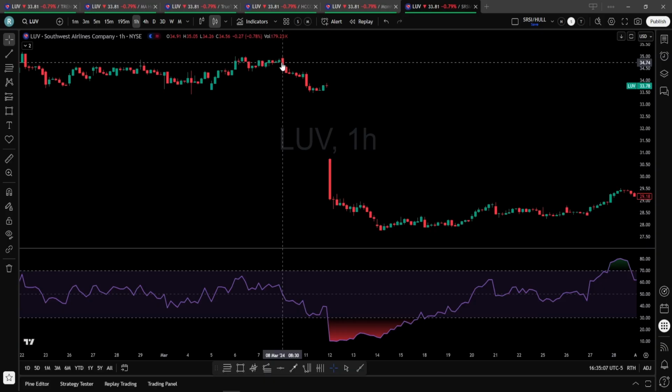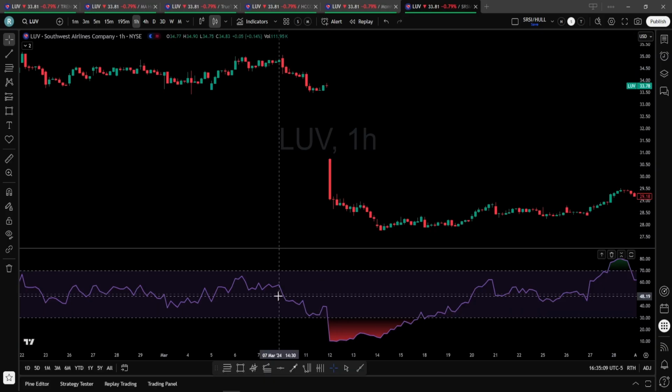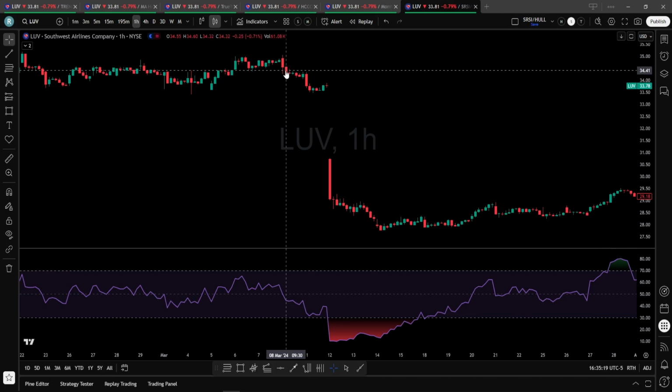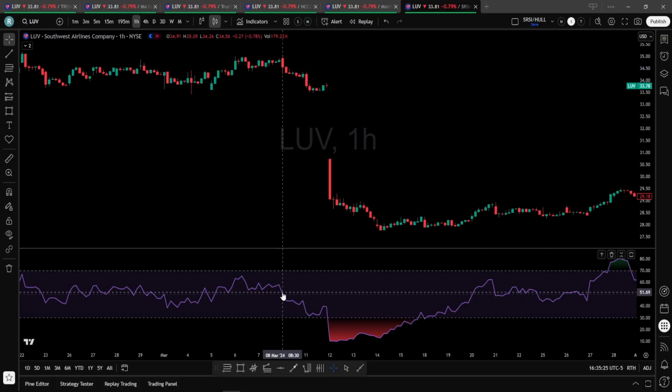And if you'll notice, come March 8th, take a look. On the hour, it had already started crossing below the 50. By 9:30 Central Time, 1 hour after the open on March 8th, it's confirmed that the bears are in control on the hourly time frame.